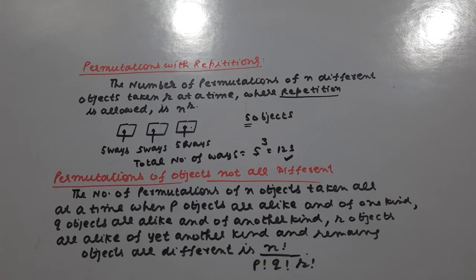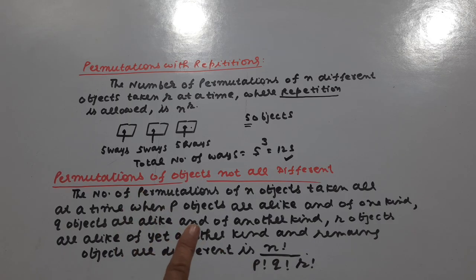Now according to this theorem, the number of permutations of n objects taken all at a time, when p objects are alike and of one kind, q objects are alike and of another kind, and r objects are alike of yet another kind, and remaining objects are different, is n factorial upon p factorial into q factorial into r factorial. I repeat the theorem again, then we take an example to understand this.